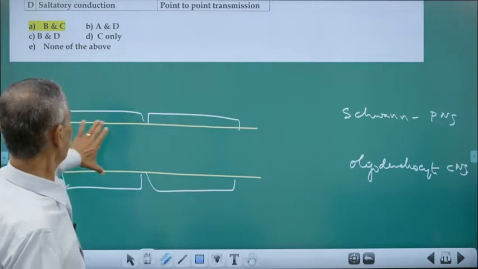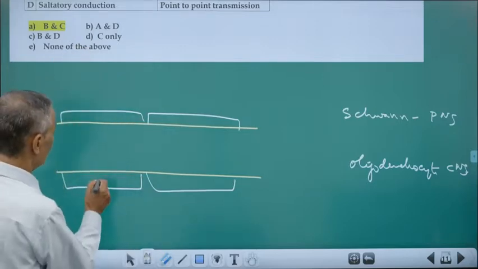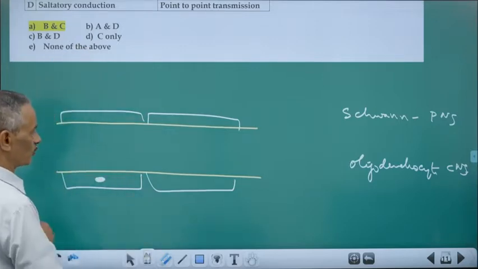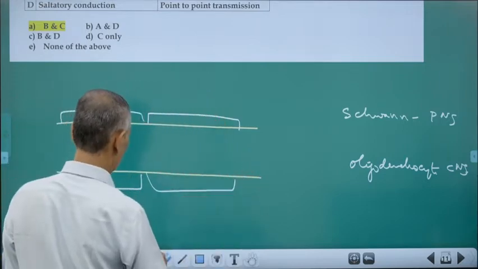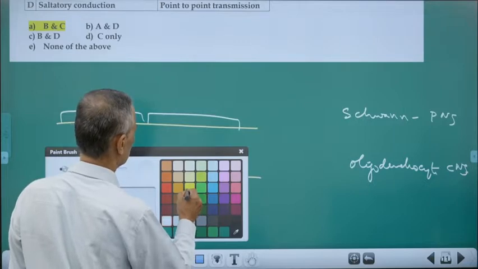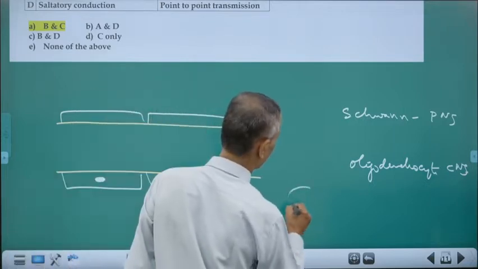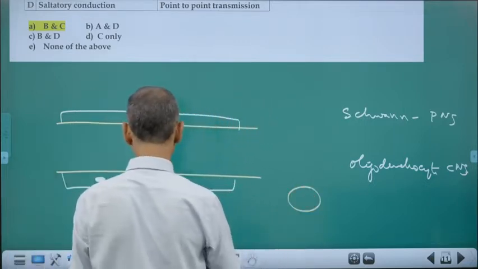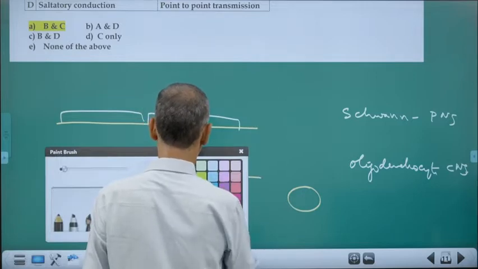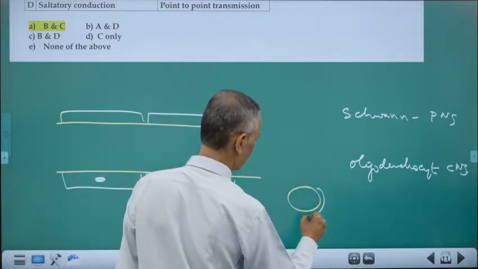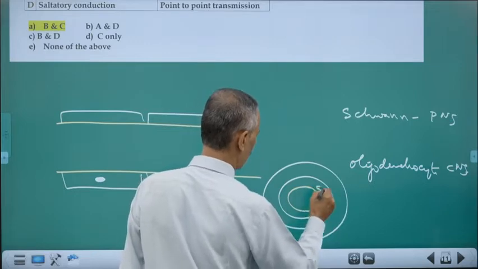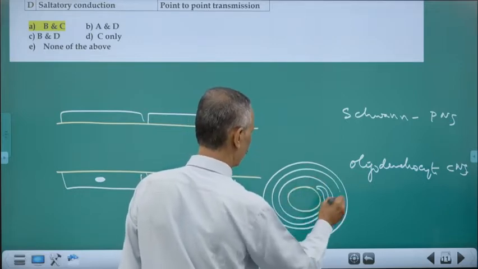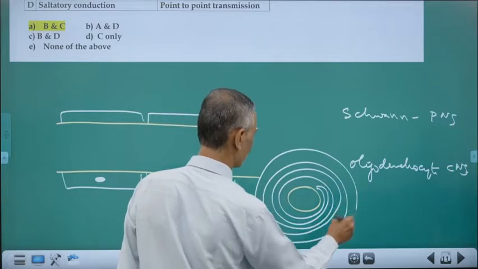And this is the axon. You have the Schwann cell around it. This is the nucleus of that. If I take a cross section, I can show it like this. Axon membrane, and around that you have the Schwann cell, sometimes coiling in concentric rings.